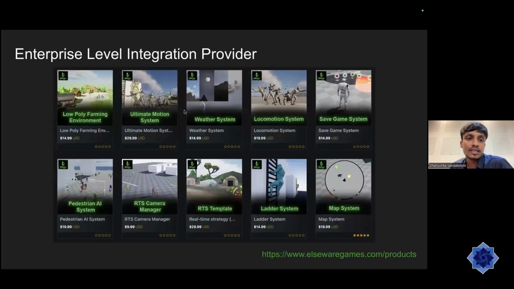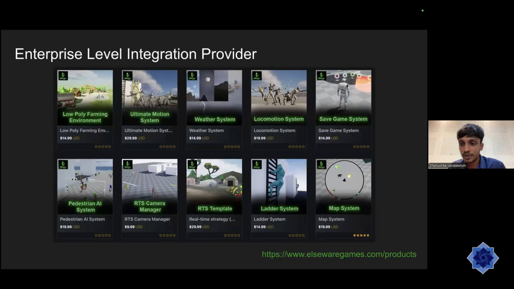And we provide enterprise level integration tools. We have developed several systems that can be reusable to develop computer games, right? So game developers can use our assets and tools to build their computer games. For example, a map system, right? So mini map, world map. These are components that exist in computer games.